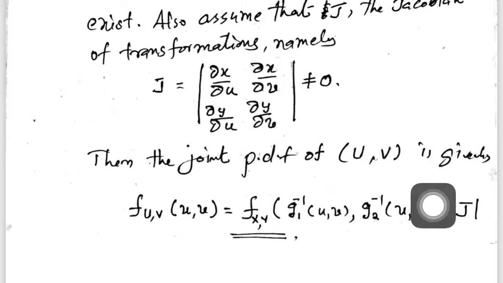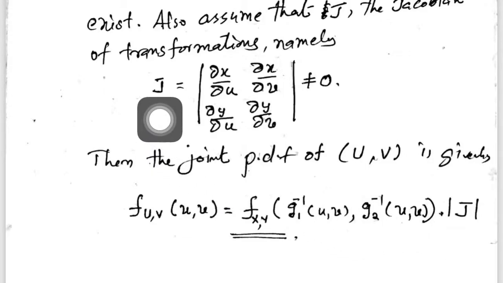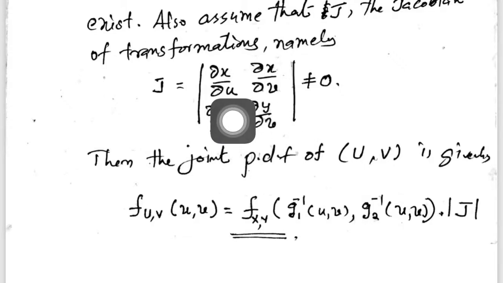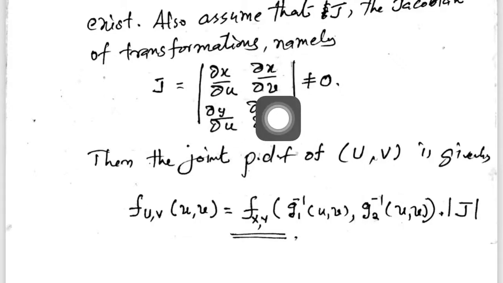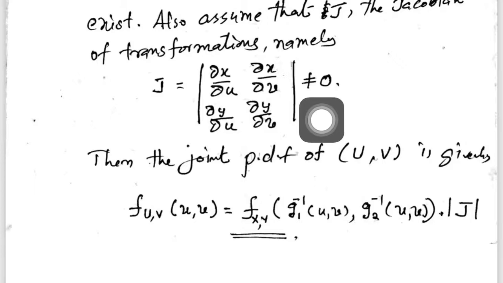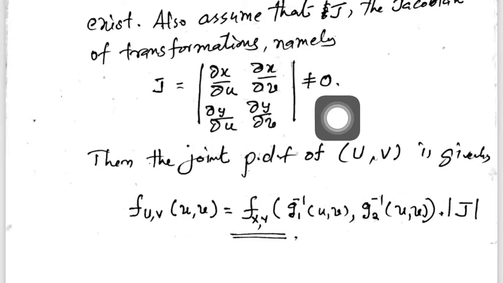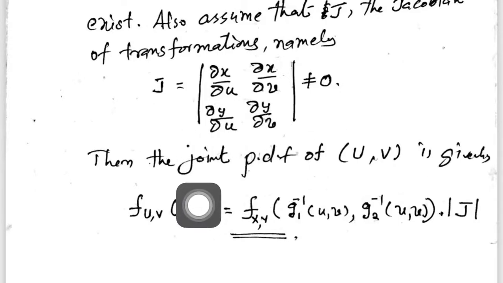And in this case, the Jacobian of the transformation is equal to the determinant of dx by du, dx by dv, dy by du, and dy by dv. All these derivatives are partial derivatives instead of total derivatives. And the Jacobian is always not equal to 0. If the Jacobian is equal to 0, this procedure will fail.